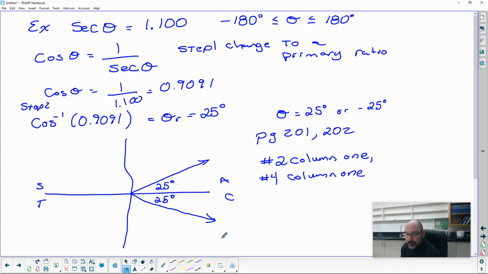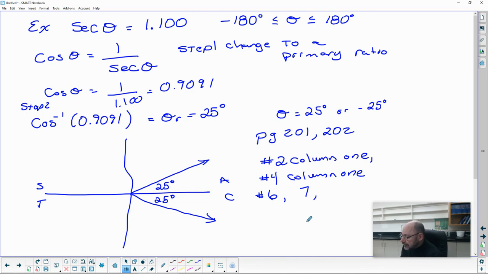And skip 5 and do 6. Number 6 is indicate whether it's positive or negative, so you can do them all there. Number 7 is determine each value. So that's kind of what we were doing for examples.